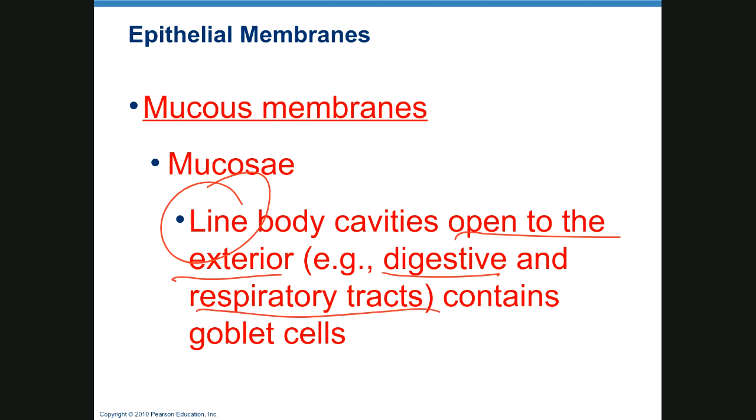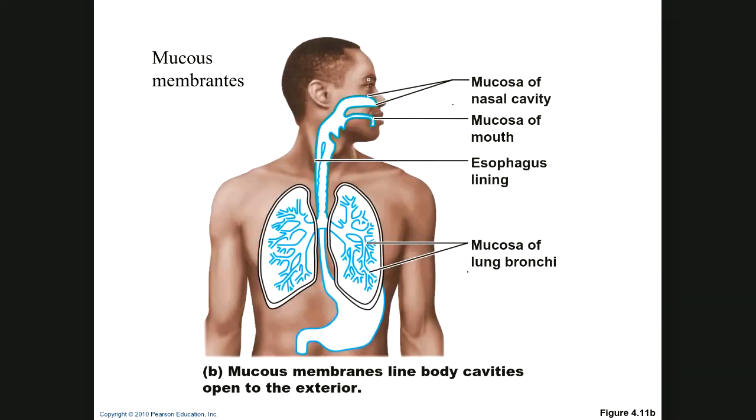The word lining tells you that these membranes are made of epithelial tissue. These membranes are moist because they have goblet cells. We already know that.